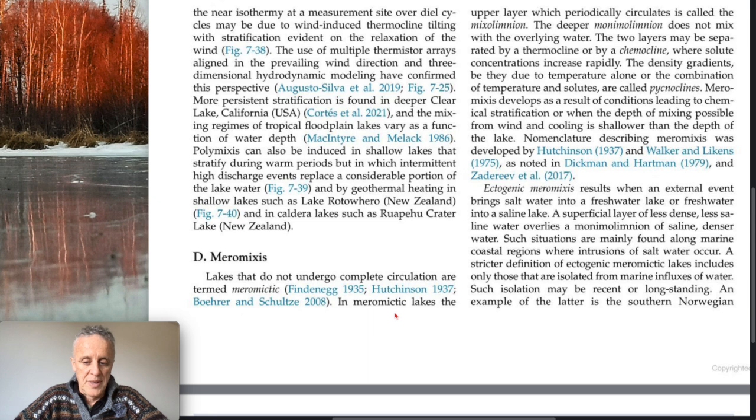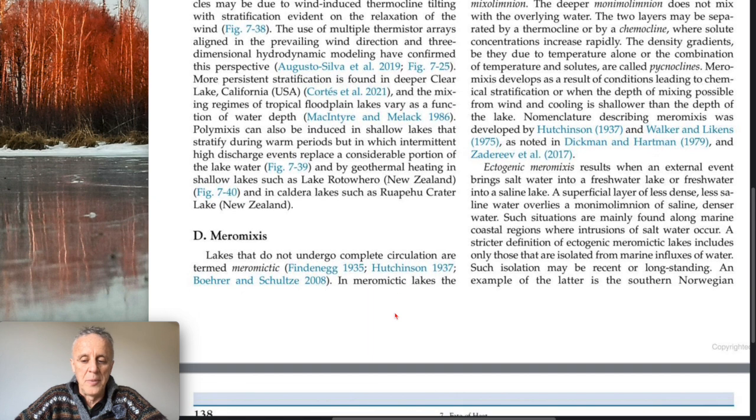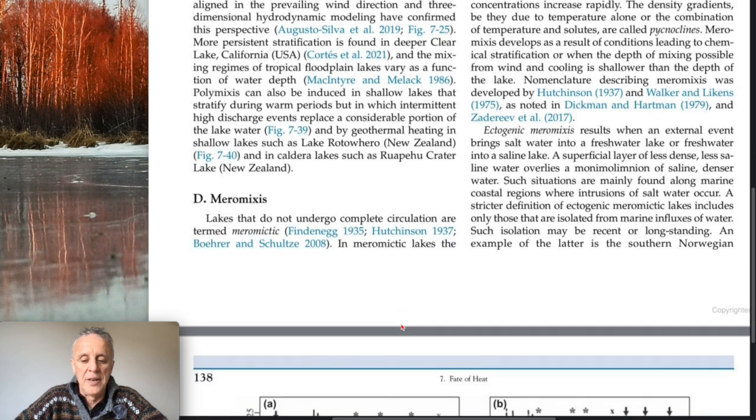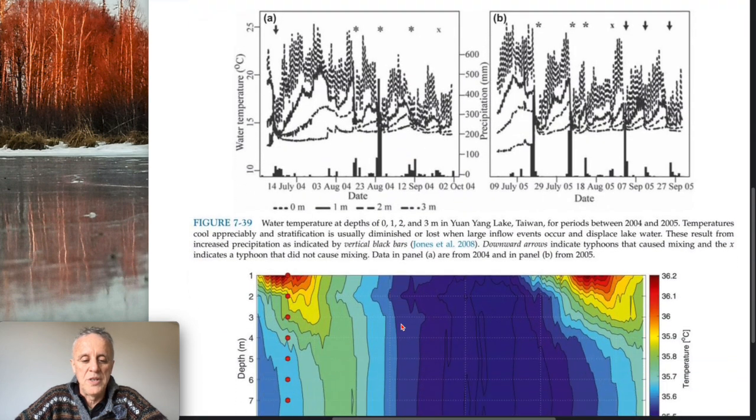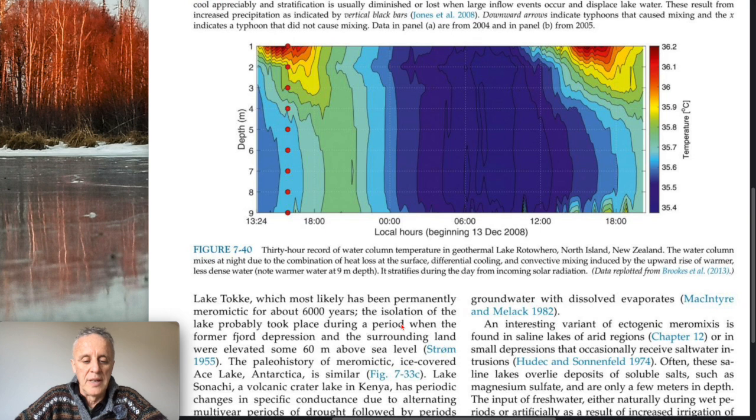A stricter definition of ectogenic meromictic lakes includes only those that are isolated from marine influxes of water. Such isolation may be recent or long-standing. An example of the latter is the southern Norwegian Lake Toke, which most likely has been permanently meromictic for about 6,000 years.